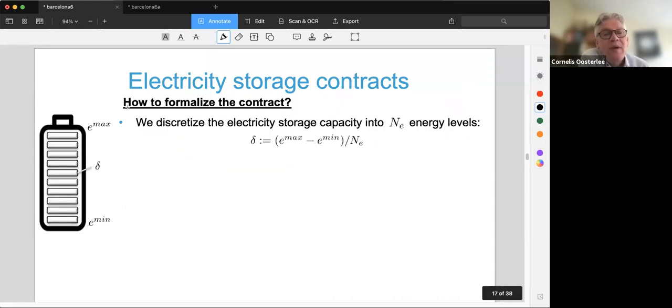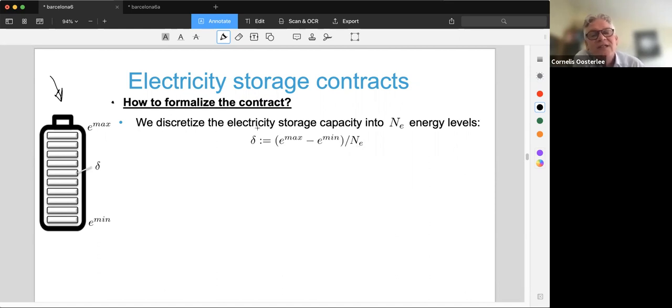So how do we formalize such a contract? Here we see our battery. And we have an E min, electricity level min, and an E max, electricity level max. And we have these delta units of electricity, E max minus E min divided by NE.